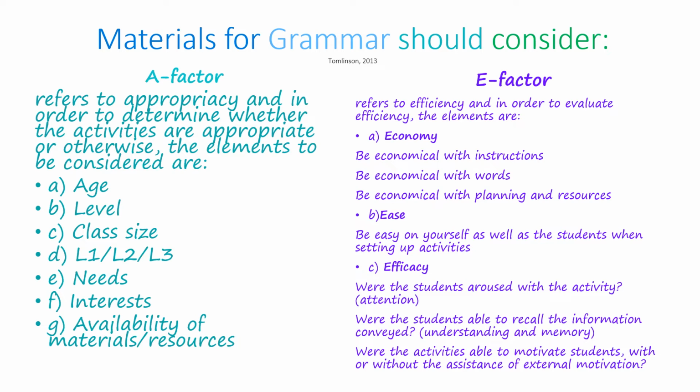And be economical with planning and resources as well. Don't plan too many things for a short period of a class. And don't have too many resources because sometimes they may not be used, right?